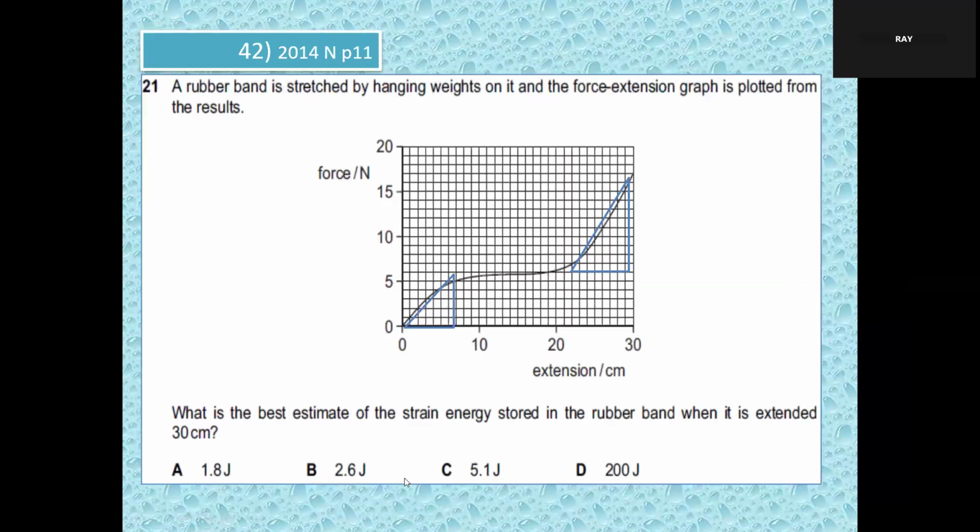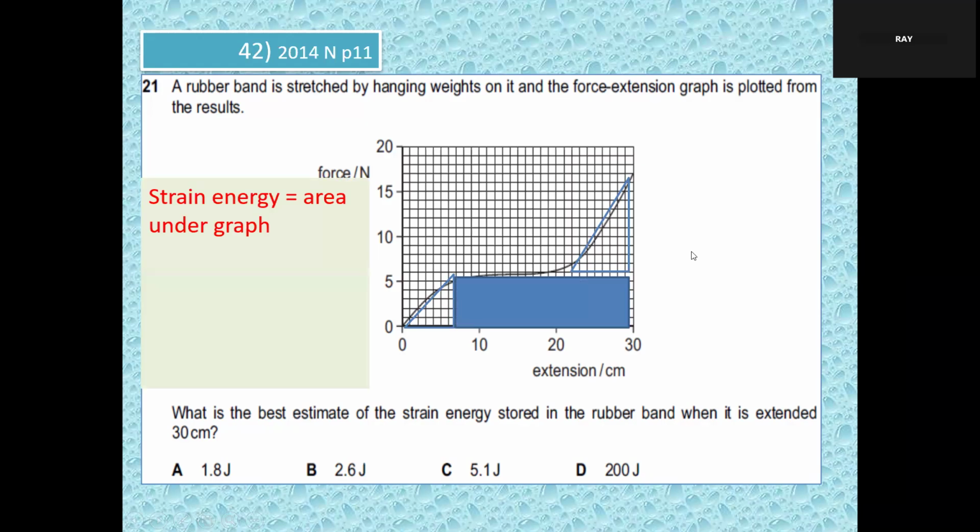Try this one. What is the best estimate of the strain energy stored in the rubber band when it is extended 30 cm? Just break it out into triangle, triangle, and then rectangle.